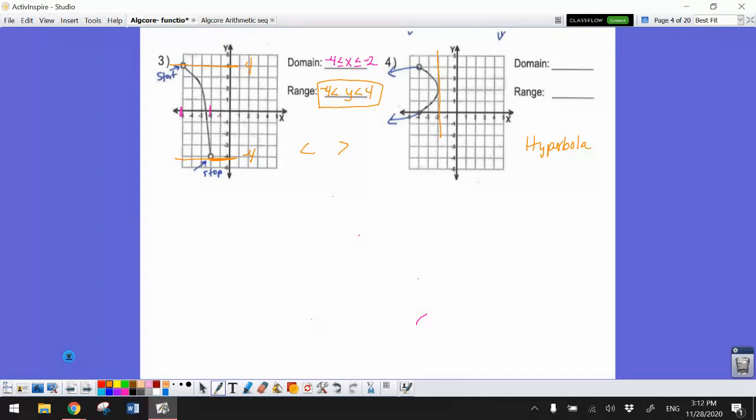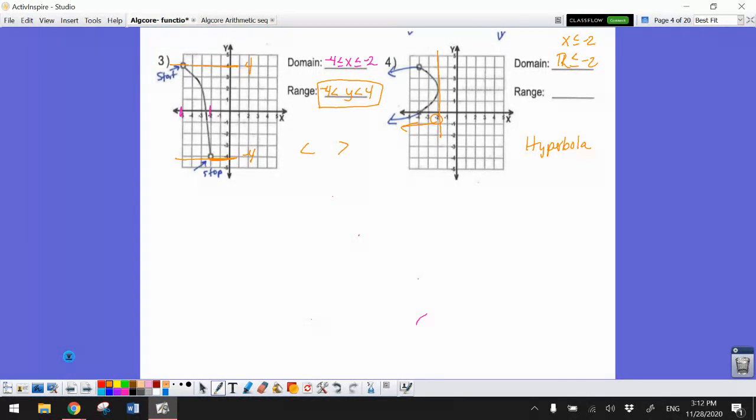I'm not going past the number -2 on my x's, but I am going to the left. So for my domain, I can use the real numbers, or I can say x is less than or equal to -2. It's equal to because there's no open circle, and I'm starting at -2. So the real numbers means every number less than or equal to -2.